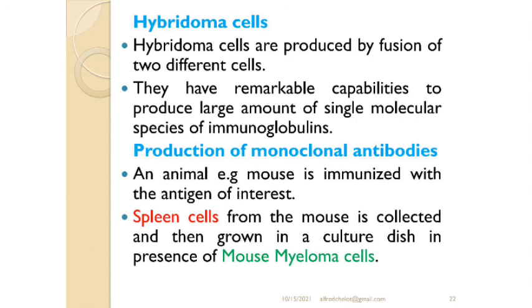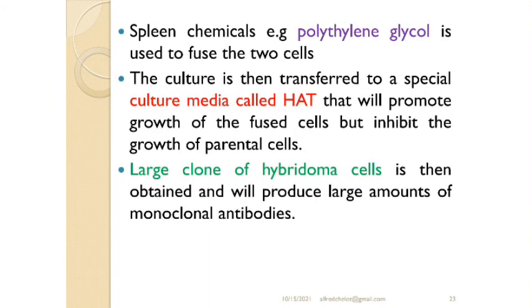In production of monoclonal antibodies, an animal, for example a mouse, is immunized or injected with an antigen of interest. Then the spleen cells from the mouse are collected and grown in a culture dish in the presence of mouse myeloma cells. Then a chemical, for example polyethylene glycol, is used to fuse the two cells.